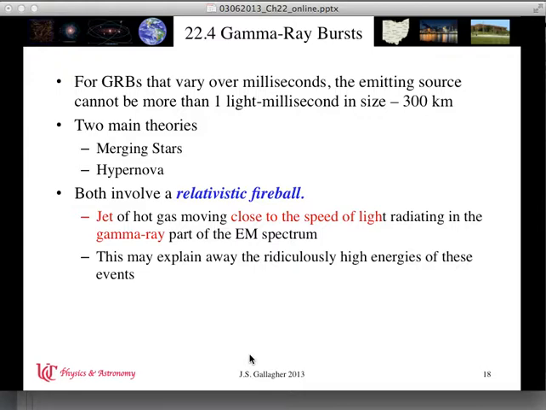They're emitting most of their radiation in the gamma ray part of the spectrum, and that gamma radiation is emitted towards the Earth. So this radiation comes off in jets. We've talked about jets in the past, jets of hot gas that are moving at the speed of light. And one of the things that this does is it kind of explains away these ridiculously high energies that we've attributed to these events. To explain that, let's take a look at this.